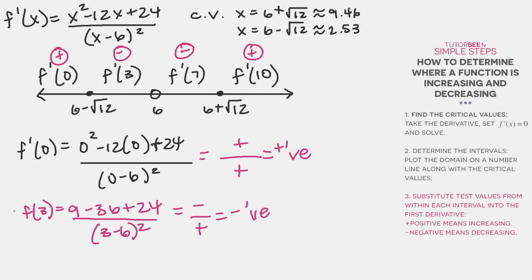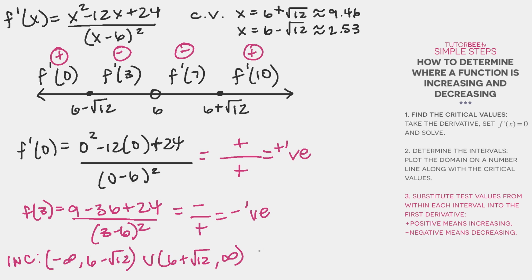So in conclusion, what do we get? For increasing, that's going to be the left interval and the right interval. So that's from negative infinity to 6 minus root 12, union with 6 plus root 12 to infinity.